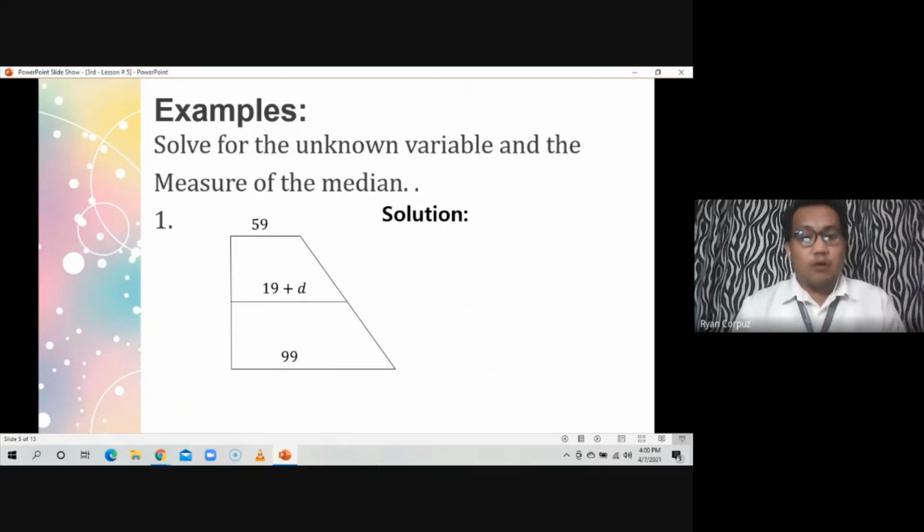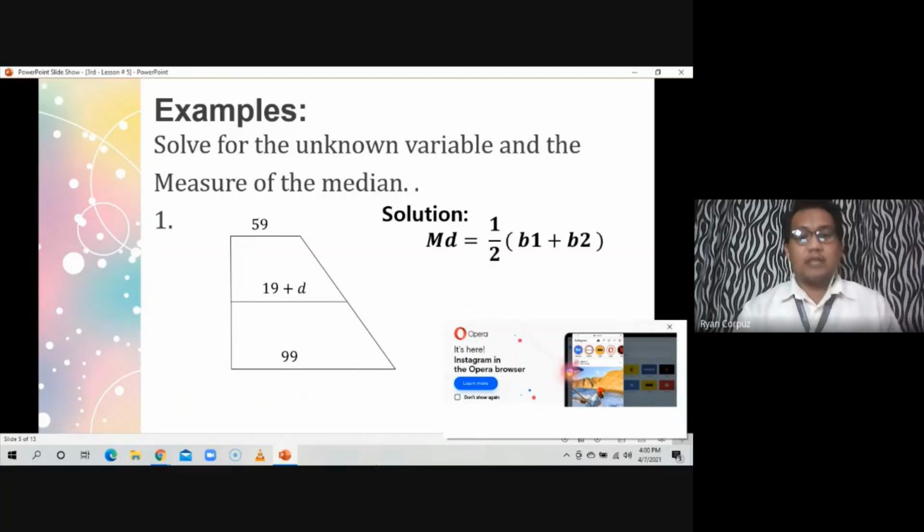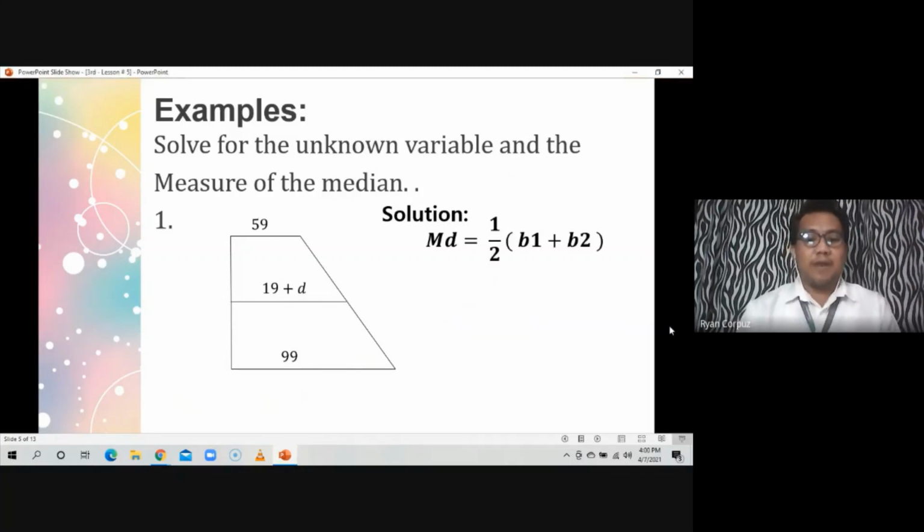So what are we going to do? For our solution, the first thing we're going to do is to solve for D, by using the formula for finding the median, which is median is equal to 1/2 times the quantity base 1 plus base 2. Substitute the given in the problem.